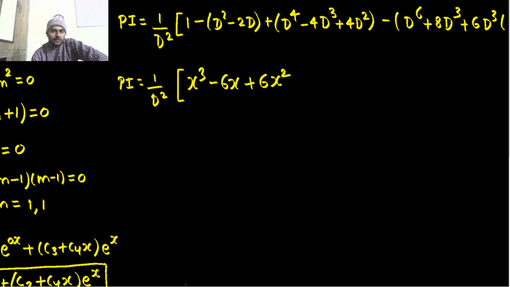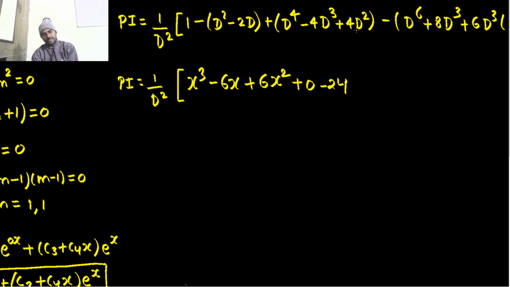Again, D power 4, fourth derivative, was 0. Third derivative came out to be 6. So minus third derivative is 6 multiplied by minus 4, so minus 24. Second, D square means second derivative.